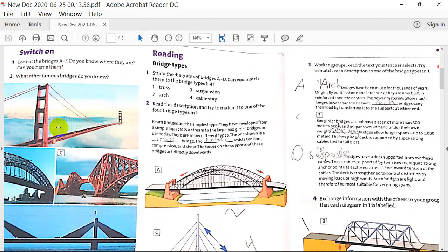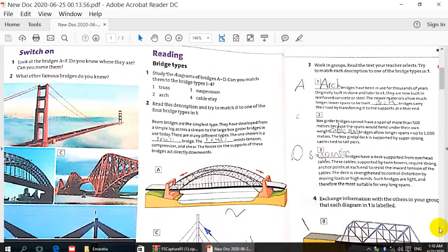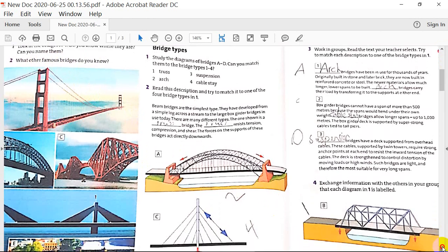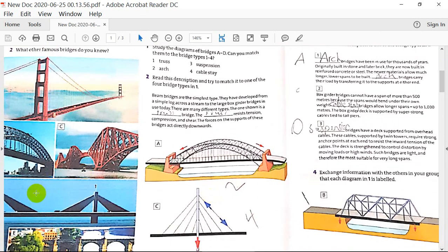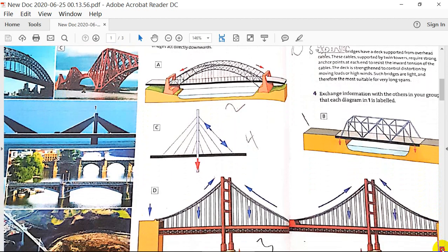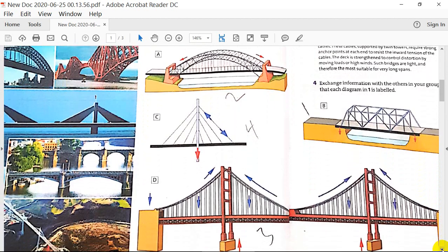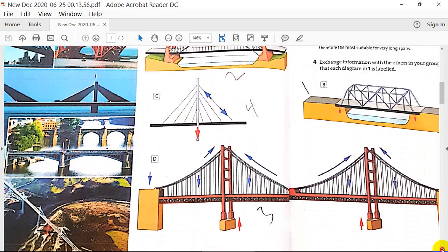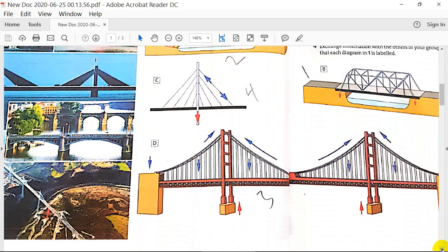I think one is in the United States of America, one in Australia, another in the United Kingdom, one in Turkey, and one in Britain. So I will let you guess where they are, and you can check on the internet and find the names of these bridges.